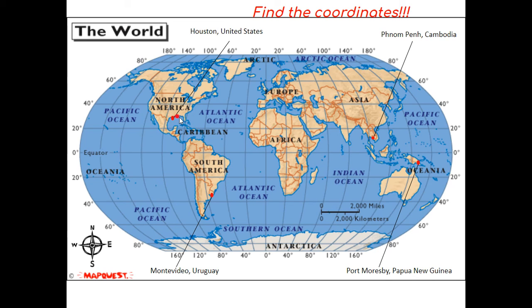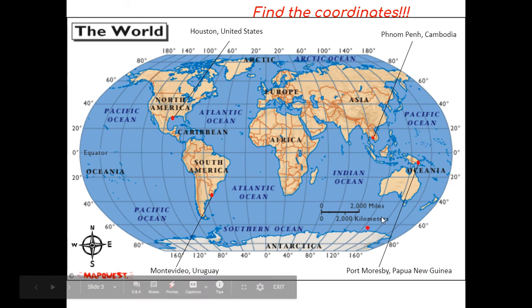That's 100. Now here's 80, here's 100. I'm going to say that it's more than halfway. I'll call it 93 degrees west because I think it's a little bit more than halfway between 80 and 100. So I'll call it 30 degrees north by 93 degrees west for Houston.